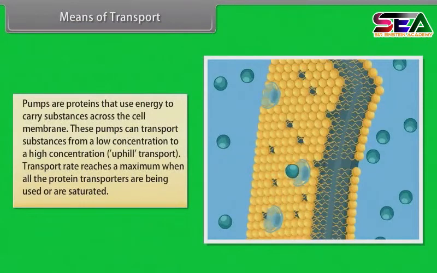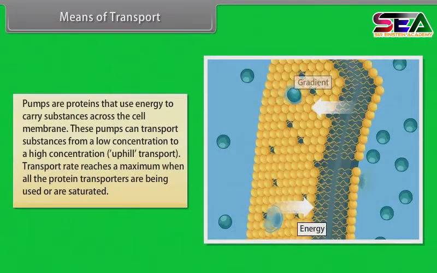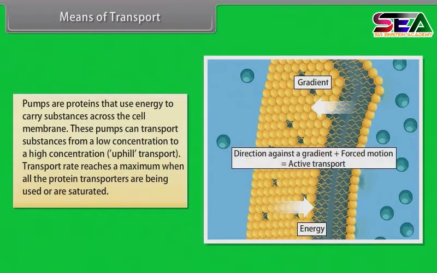Pumps are proteins that use energy to carry substances across the cell membrane. These pumps can transport substances from a low concentration to a higher concentration, or uphill transport. Transport rate reaches a maximum when all the protein transporters are being used or are saturated.